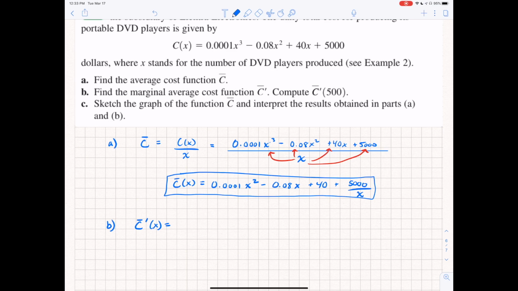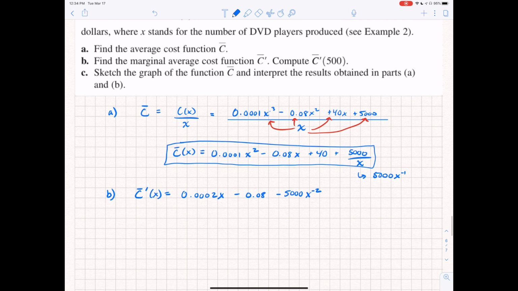So I'm going to get 0.0002x minus 0.08. The derivative of plus 40 is nothing. For 5,000 over x, when I want to derive something like this, it will be better to rewrite it with a power rule, so this will be negative 5,000 x to the negative 2. And so this is my derivative.